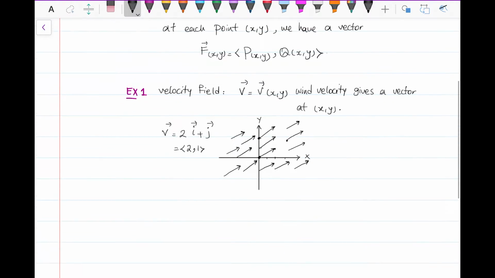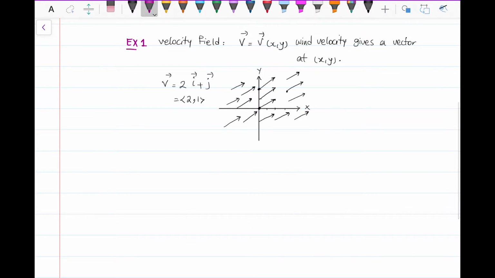Or look at another example, example 2. We can have the vector field x i plus y j. You see, the coefficients were two functions of x and y. This time, these are the function x and the function y.